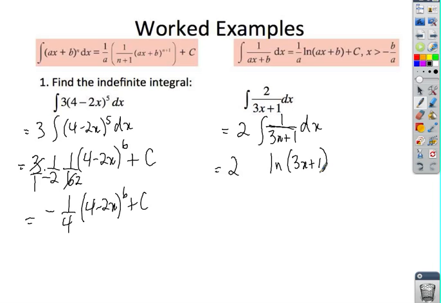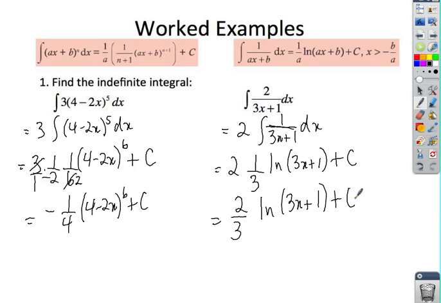And the new thing that we've learned in addition is that we must divide by the coefficient of x. And again, these are indefinite integrals, so include the plus c at the end. So now our final answer should be 2/3 ln of 3x plus 1 plus c.